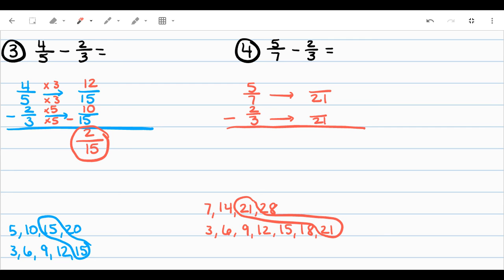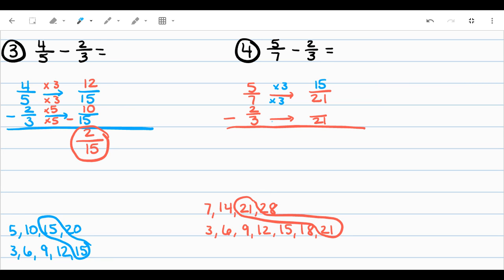So when I change my fractions into equivalent fractions with a denominator of 21, I look at my first 5/7. How do I go from 7 to 21? Well, I had to multiply by 3. So I multiply my numerator by 3, and 5 times 3 is 15. Now I look at my second fraction, 2/3.